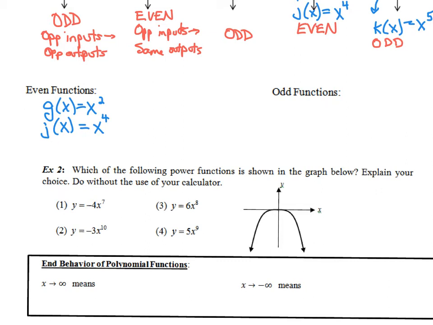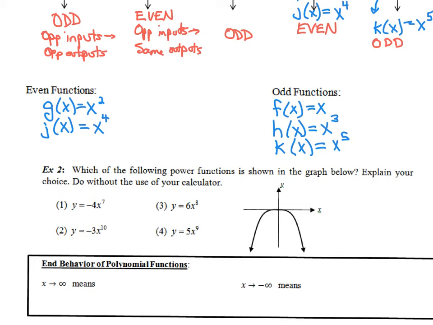On the other hand, the odd functions would be f of x is equal to x, h of x is equal to x cubed, and k of x is equal to x to the fifth. Now, of course, when we think about this, that is going to make sense given what our exponents are in each of those power functions.